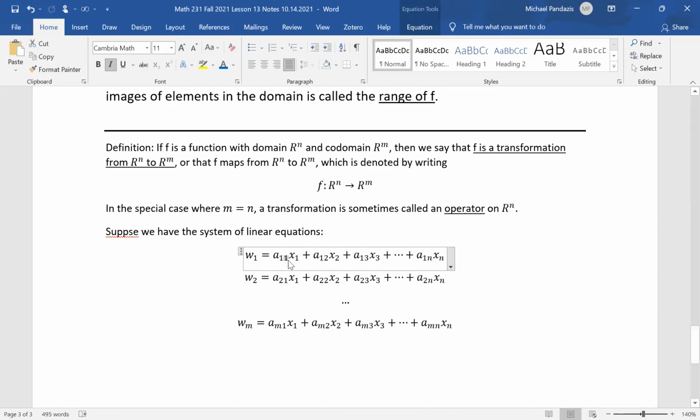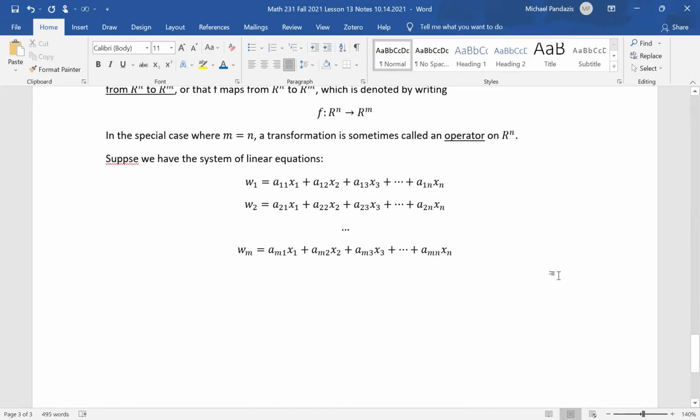So the second one's a 1 because it's next to x1. The second one's a 2 because it's next to x2. The second component is a 3 because it's next to x3. The second component is an n because it's next to xn. Okay, and you follow that for all the equations. So you have a system of linear equations represented in this way.